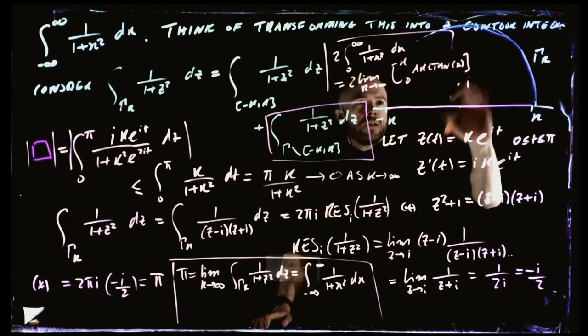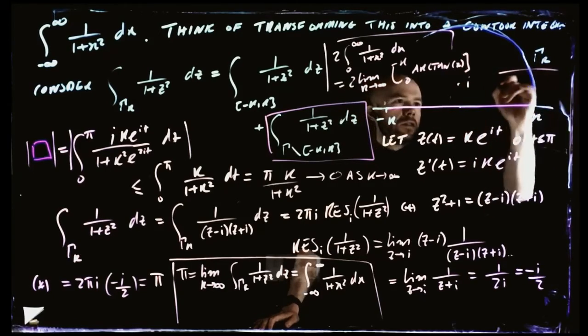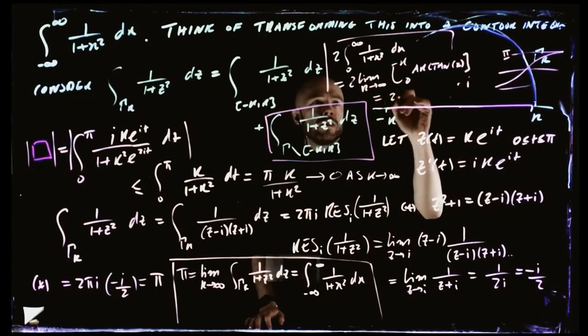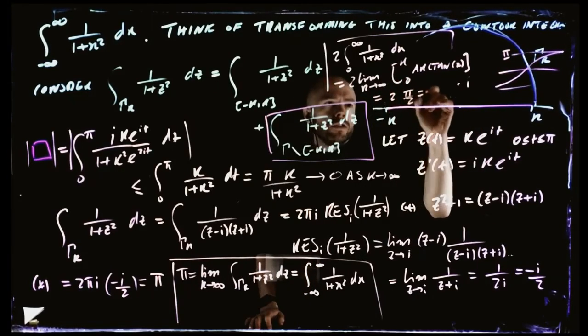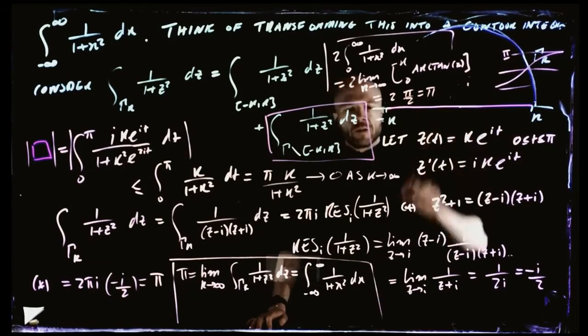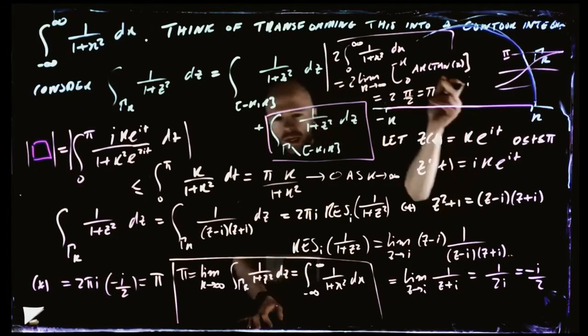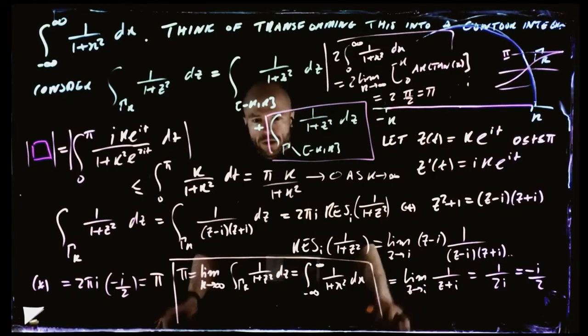And sure enough, we know what arctan looks like. It looks like this. Horizontal asymptote at pi over 2 and minus pi over 2. So this thing is just 2 times pi over 2, which is just pi. And that is the right answer. In this particular case, it's actually easier to use calculus than it is to use the residue formula.